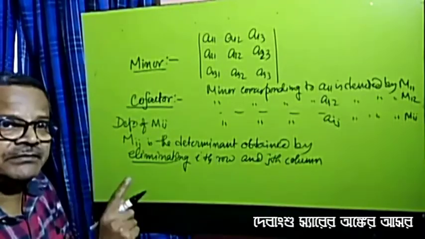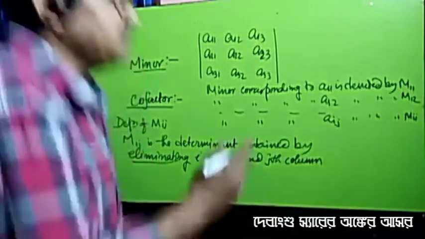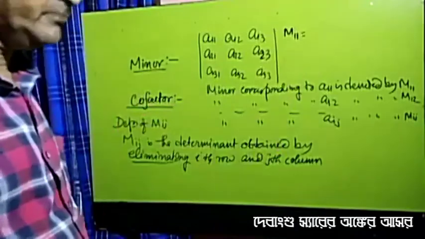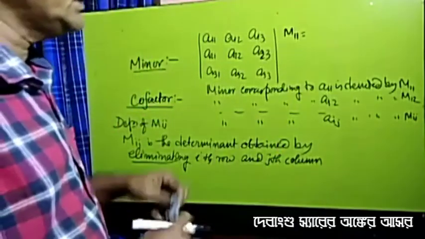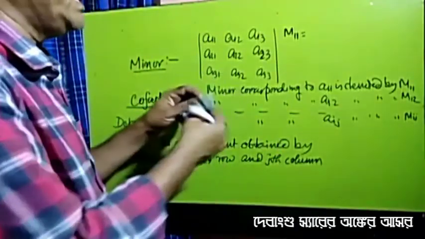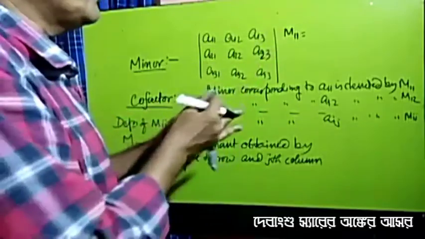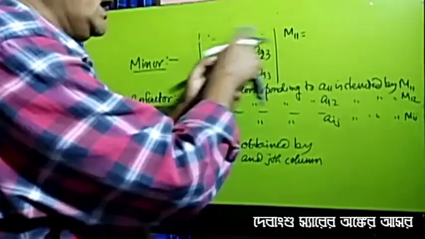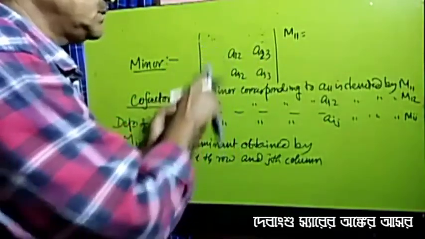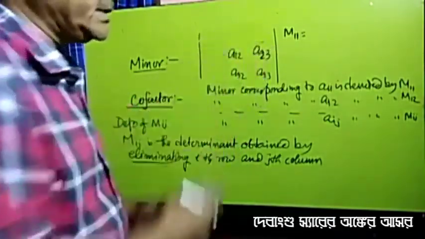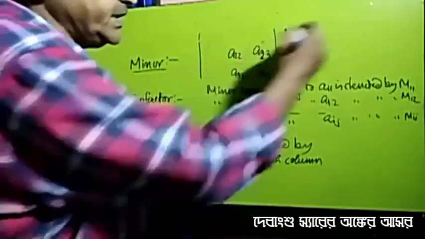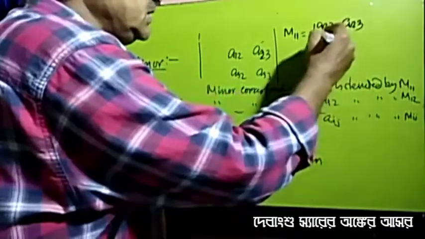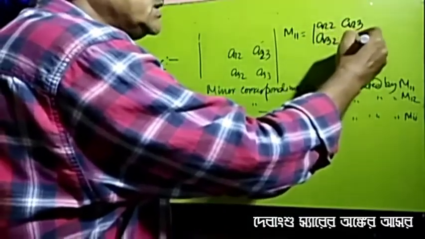So after eliminating, for example, M11, what will be M11? To get M11, we have to eliminate the first row and first column. So what do we get? a22, a23, a32, a33.